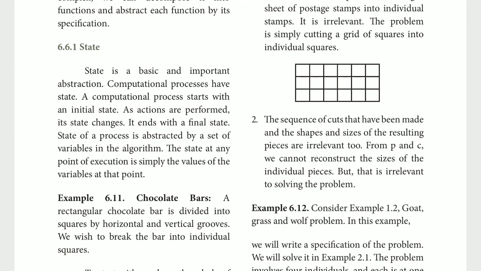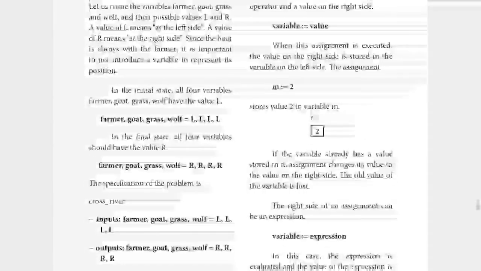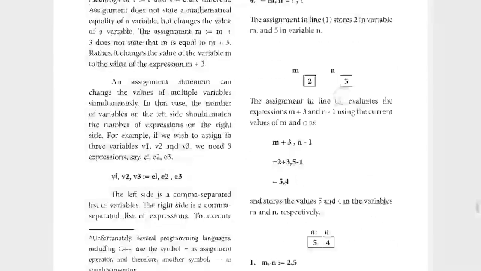So the algorithm starts at a certain state and ends at a certain state. This change of state is given in this paragraph. So many examples are given here. You can just read them and understand.